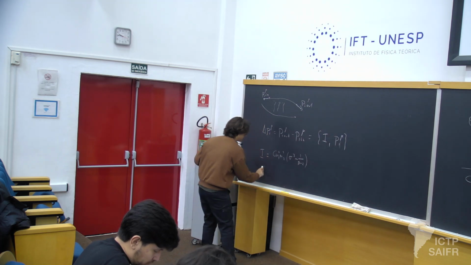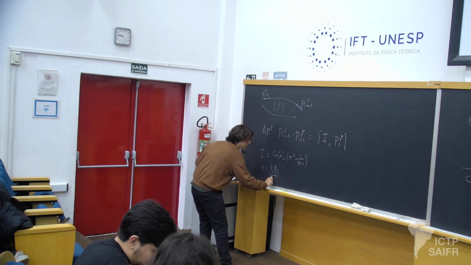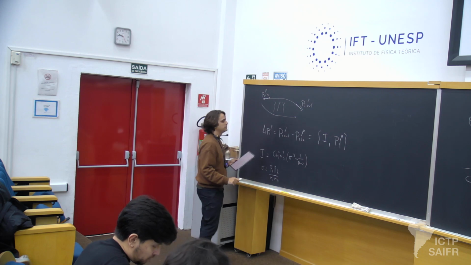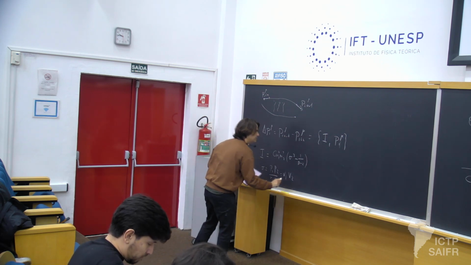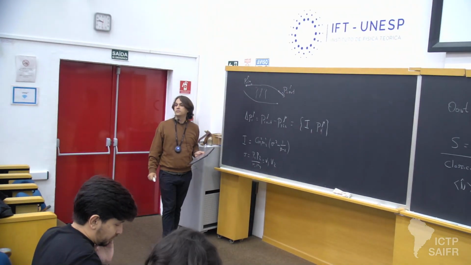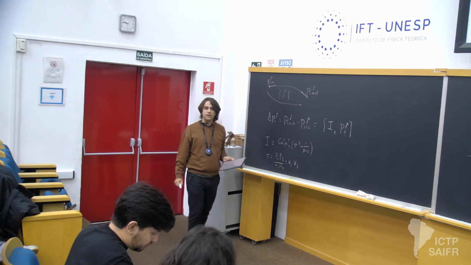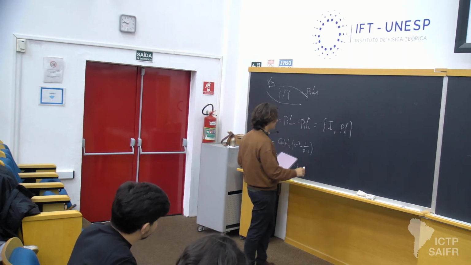Remember, this sigma was just p1 dot p2 over m1 m2, so it's just the product of the velocities. And then it was the transverse Fourier transform of the exchange momentum.